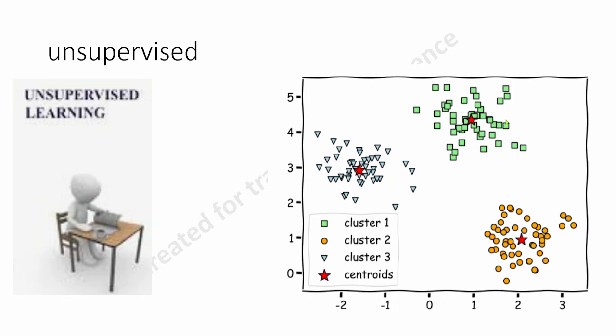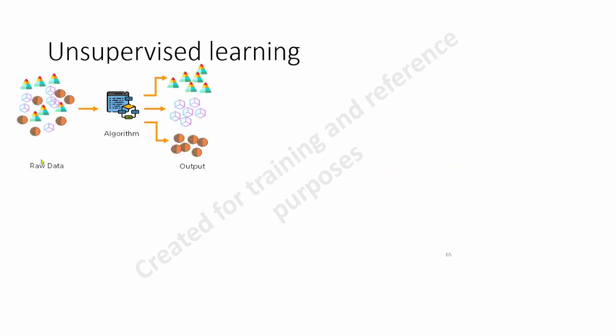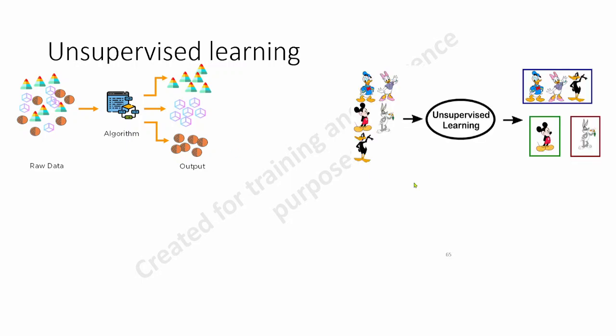So unsupervised models are typically grouping the similar data into groups, or rather we call them clusters in the language of machine learning. So unsupervised learning, raw data is provided to the algorithm, and the algorithm is now going to group the similar data into clusters.